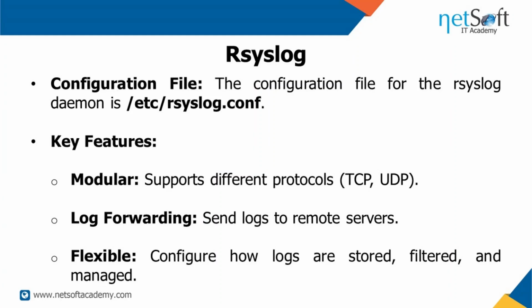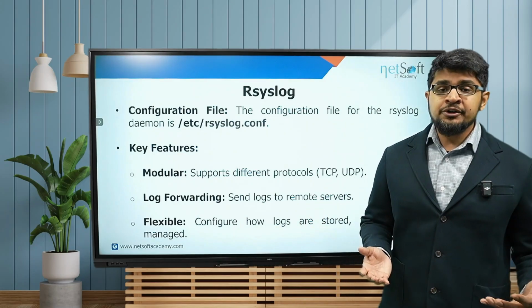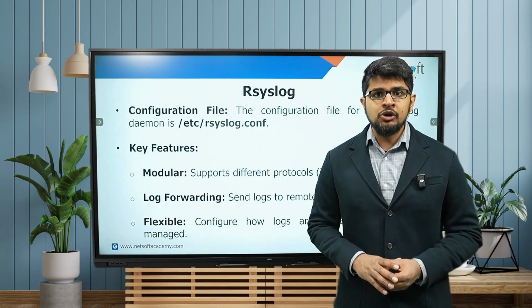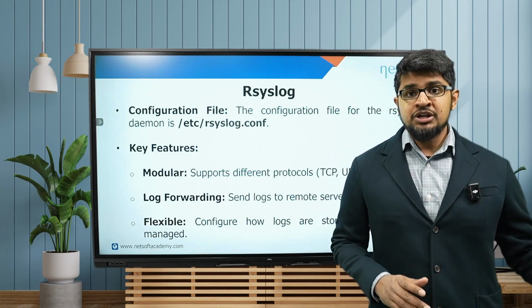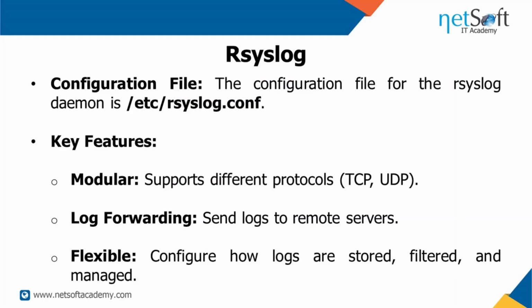Now, the configuration file for this daemon can be found in /etc/rsyslog.conf. And here you will find the directives that this daemon requires in order to log messages into specific log files. Some other key features of the rsyslog service are that it is modular, where it supports different protocols such as TCP or UDP.